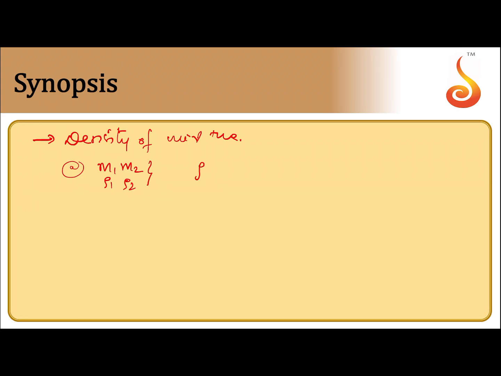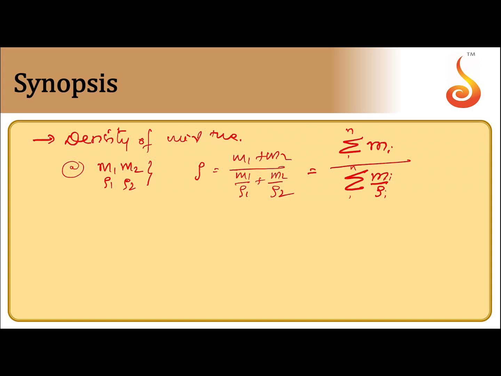Then the density of the mixture is given by m1 plus m2 divided by m1 by ρ1 plus m2 by ρ2, or this can be represented like this: sigma mi divided by sigma mi by ρi, from 1 to n. So if masses and densities are given, the density of the mixture can be calculated like this.